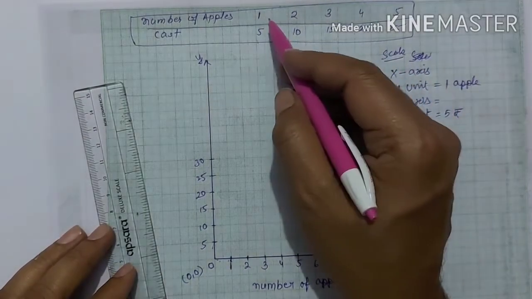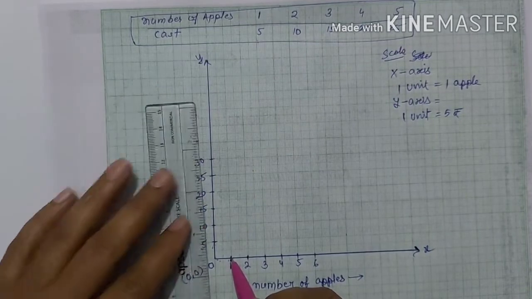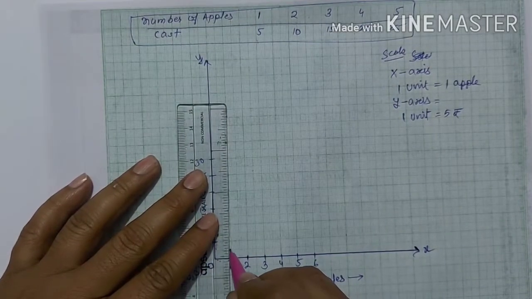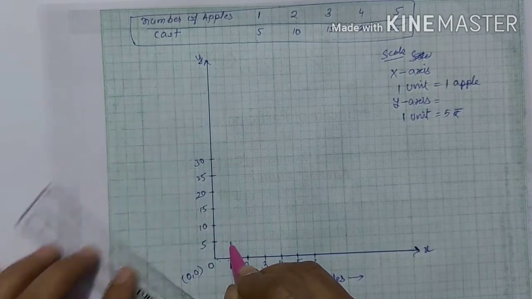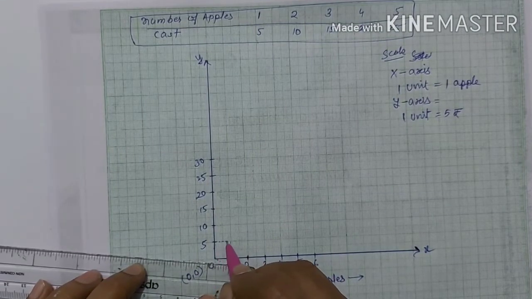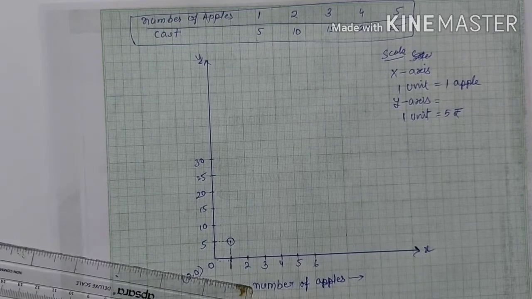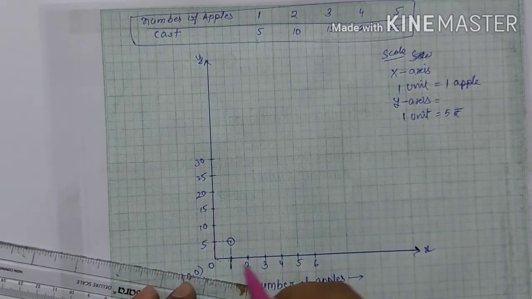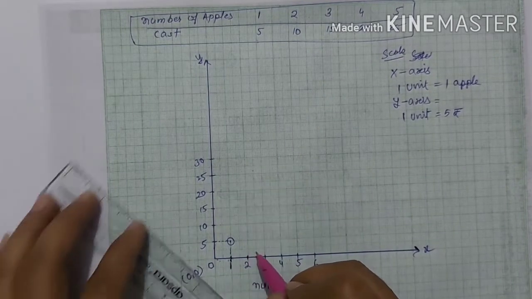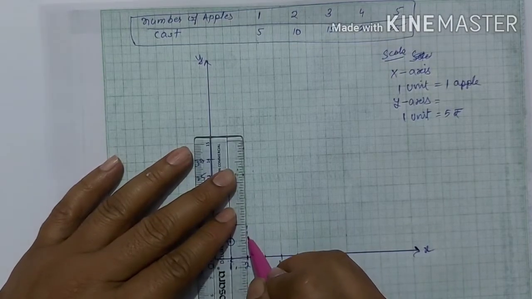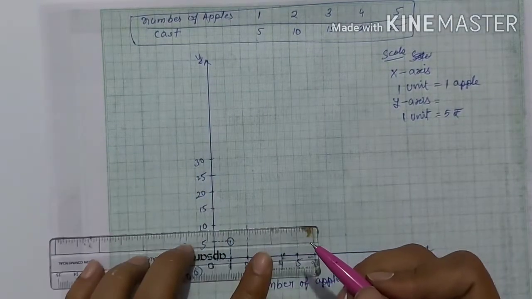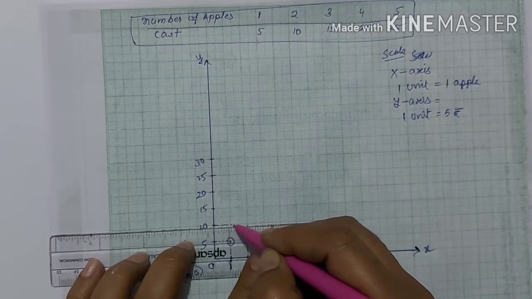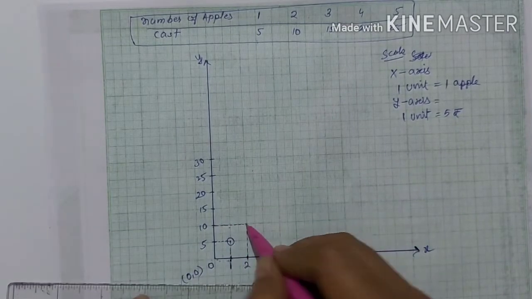For x equal to 1, you have y equal to 5, so draw a dotted line to 5 to mark the point. Second, 2 and 10: the x coordinate is 2, so draw a straight dotted line with the pencil, and the y coordinate also with a dotted line, and join to mark the point.